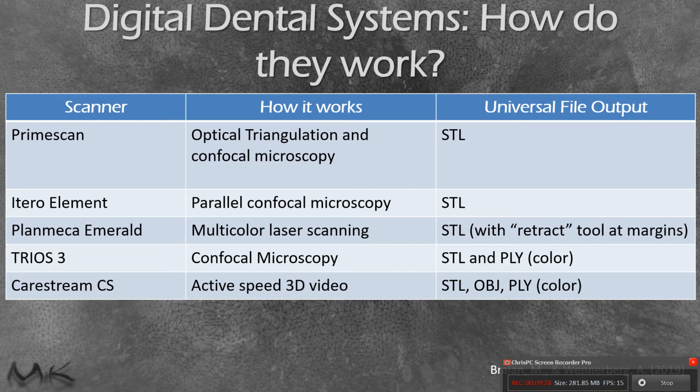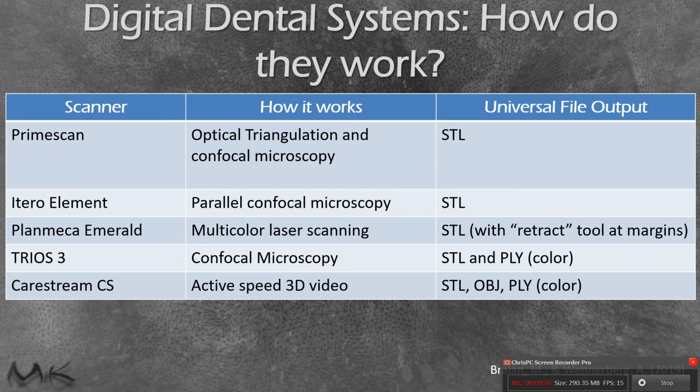That's actually using two cameras in the actual body of the scanner, and it's triangulating what we're seeing in the mouth by putting these two camera images together. If you actually look at a Carestream scanner and take it apart, you can see the two little video cameras inside the handle. It's pretty neat. But when we look at universal file outputs, to me, that's what's important for the meat of this lecture.